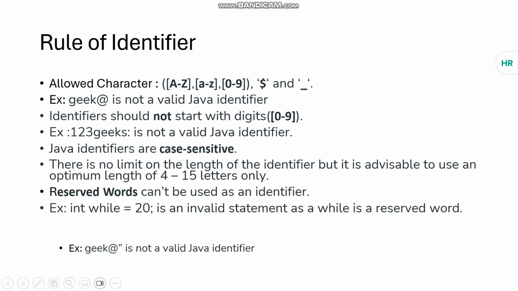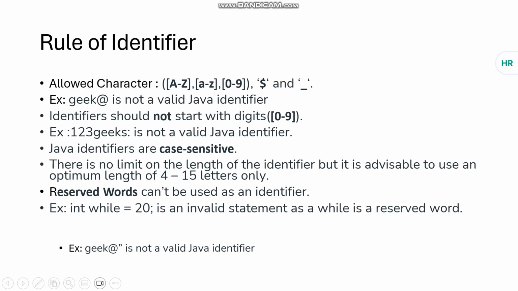Two special characters are allowed: the dollar sign and the underscore. Other than that nothing is allowed. You cannot give anything else in the variable name. So if we give something like the at-the-rate sign, it is not allowed because only two special symbols are allowed. So these are invalid identifiers.